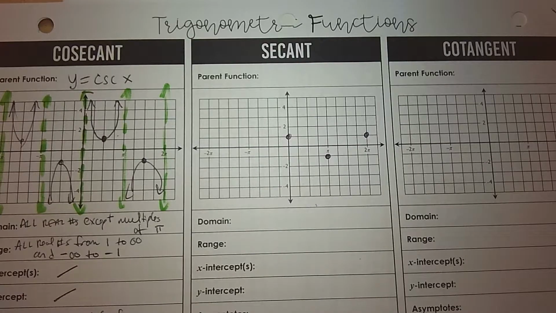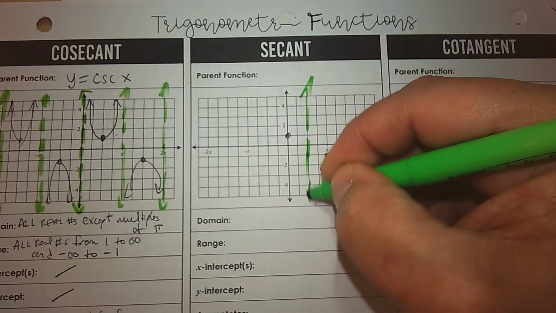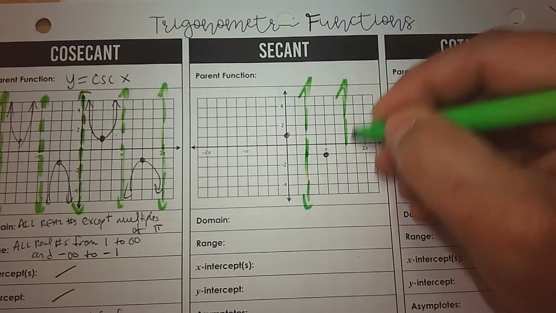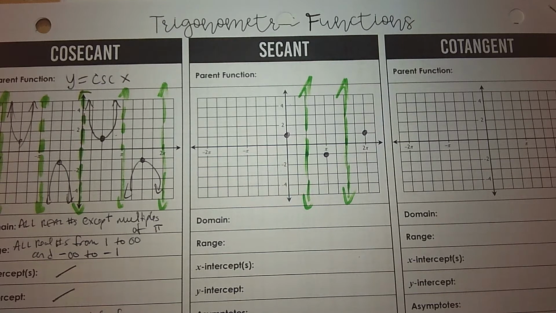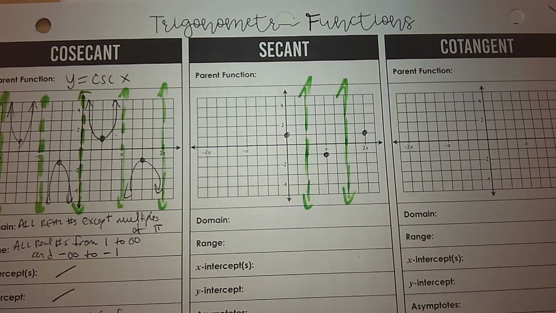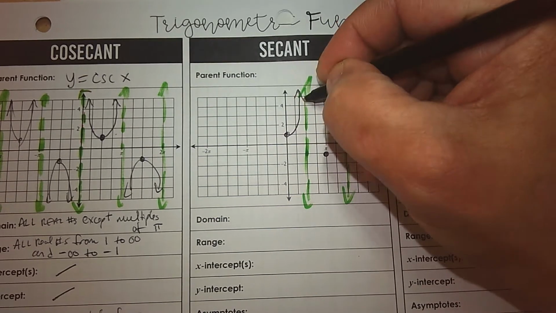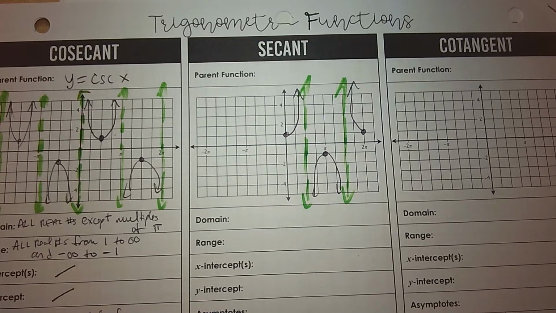In between those turning points will be asymptotes. So when we're graphing cosecant, we're starting with asymptotes. When we're graphing secant, we're starting with turning points. This is going to curve up. This is going to curve down. And then we repeat that pattern as much as we need to.